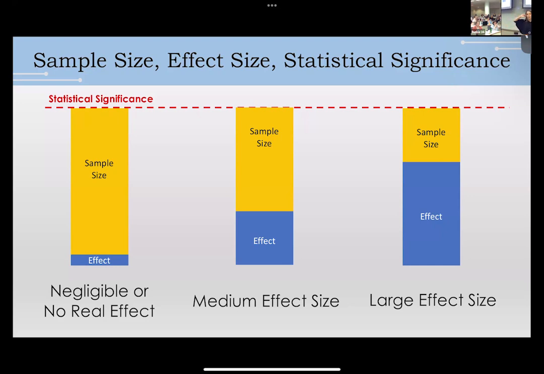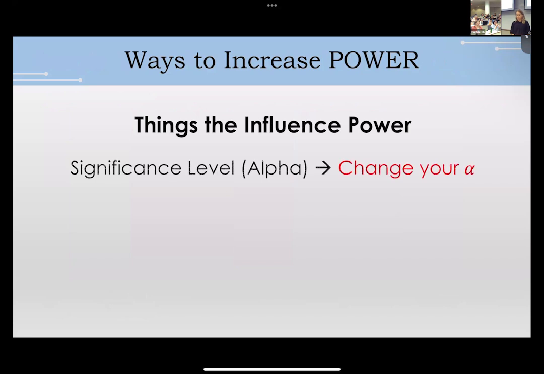But I love that Siegel quote: with enough people you can detect a fruit fly. It's a great quote, right? It's true. So if you have a statistical significance but a very tiny effect size, that is usually because you have a ginormous sample size. Make sense?